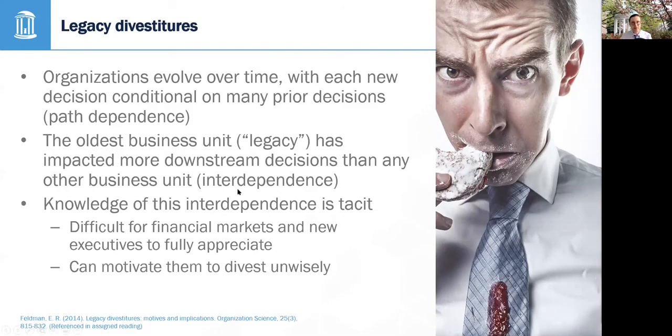That knowledge about interdependence is tacit, which makes it difficult for new executives or outside investors to fully appreciate. So this often leads to unwise and value-destroying divestitures. Even if from the outside it looks like there's not a lot of value there, maybe the legacy core is growing slowly or not as profitable as it once was, it's important to appreciate that interdependence that may not be easily visible from the outside.